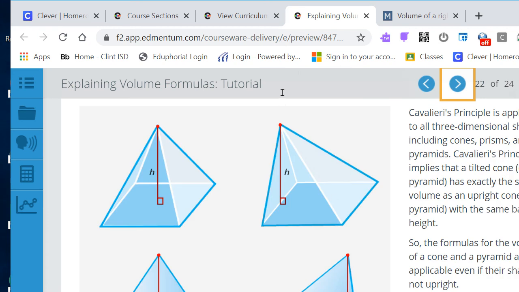Okay, Cavalieri's principle. For three-dimensional shapes, it's going to stay the same. It also works for pyramids and it also works for cones.